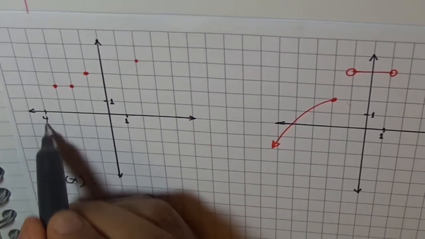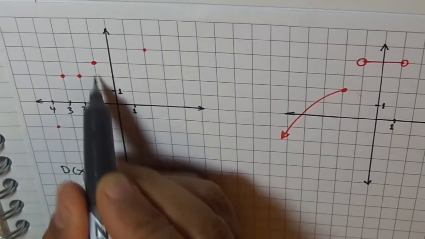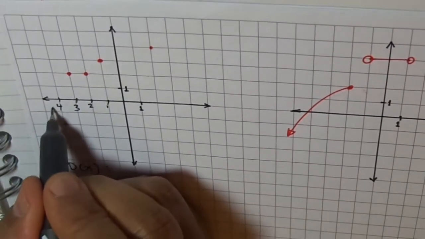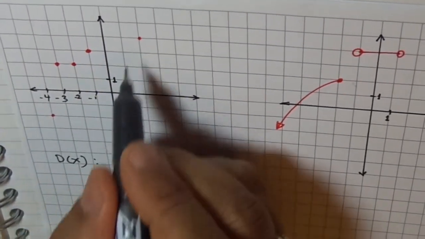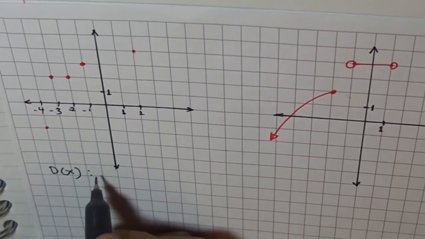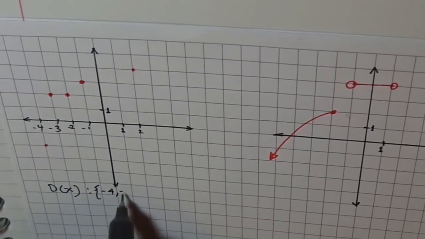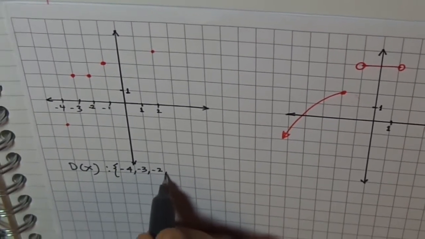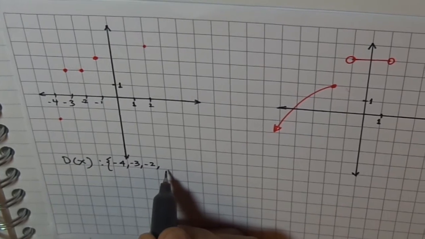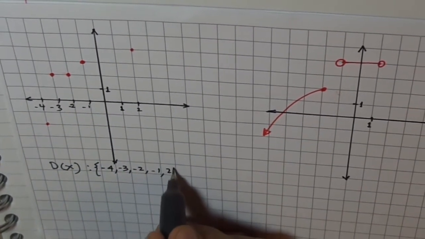This is 4, right? And this 3. This one 2. This one 1. All minus. And here it is 2. So the domain is the set of numbers minus 4, minus 3, minus 2, minus 1 and 2. Correct?